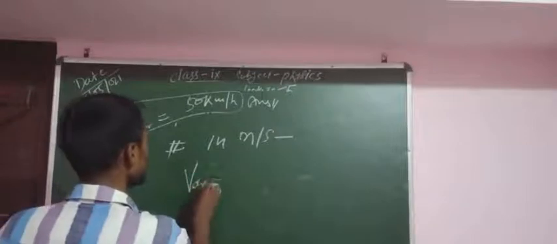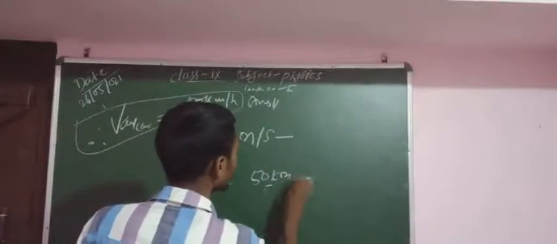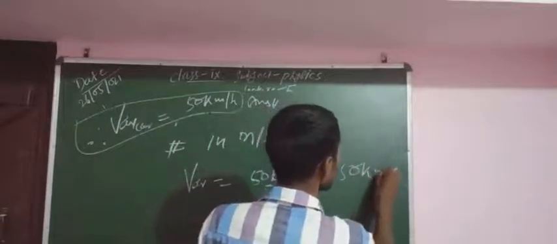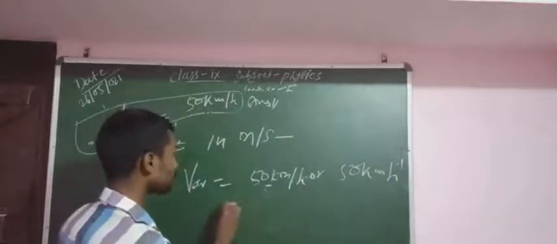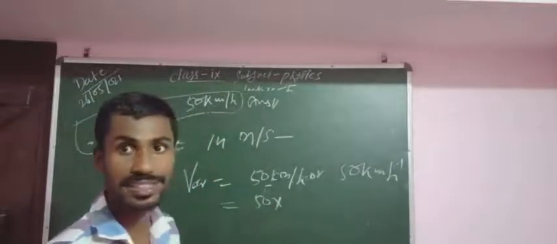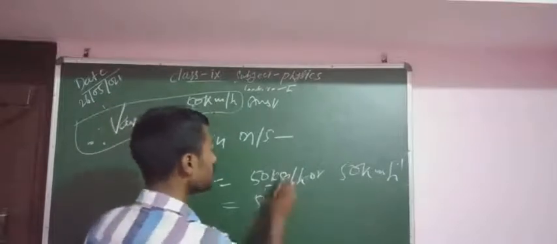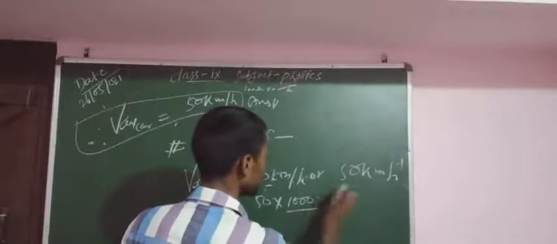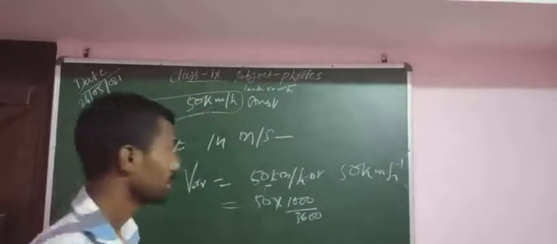So similarly, kilometer, that means 1000, divided by 1 hour, which is 3600 seconds.